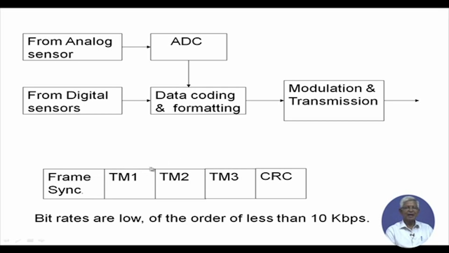The frames have a header, called frame synchronization bits, which says this is the beginning of the frame, and then you can have telemetry words like TM1, TM2, TM3, and then there may be an error detection and correction code like a CRC code, etc. So, generally this is the form of a telemetry frame.